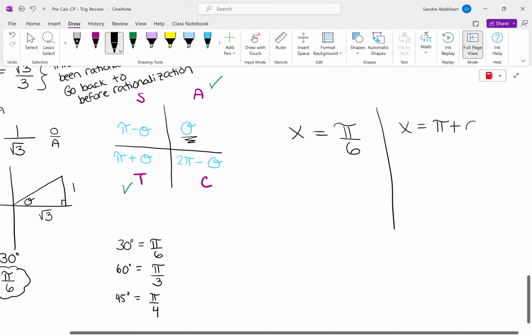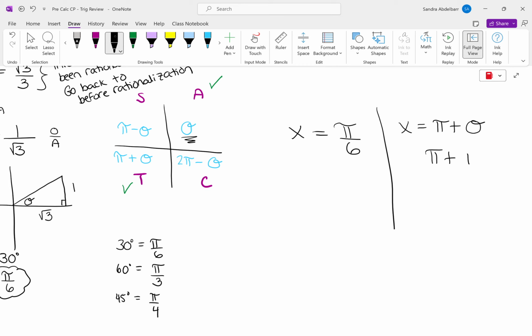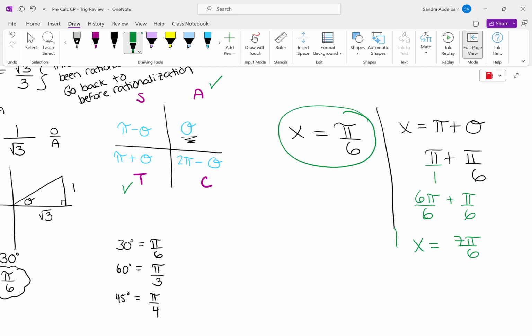So in quadrant 3, x is equal to pi plus theta. So I'm going to take pi and add my pi over 6 to it. In order to add these, what must I create? Common denominator. So this is 6 pi over 6 plus pi over 6 gives us 7 pi over 6. So these are our two answers, pi over 6 and 7 pi over 6.